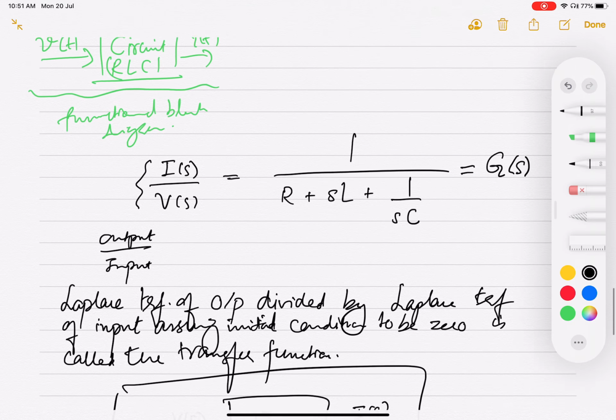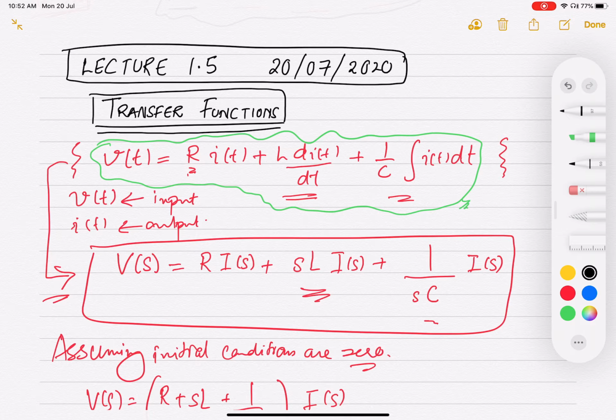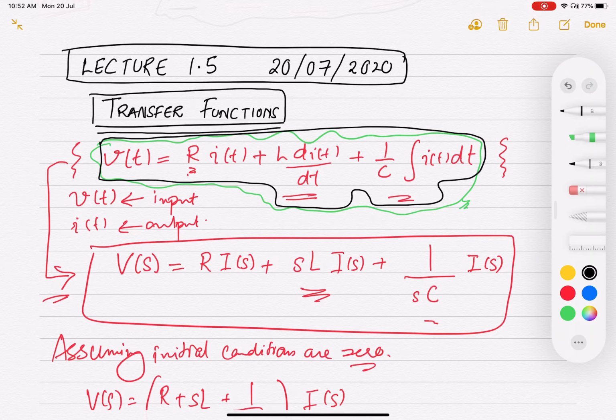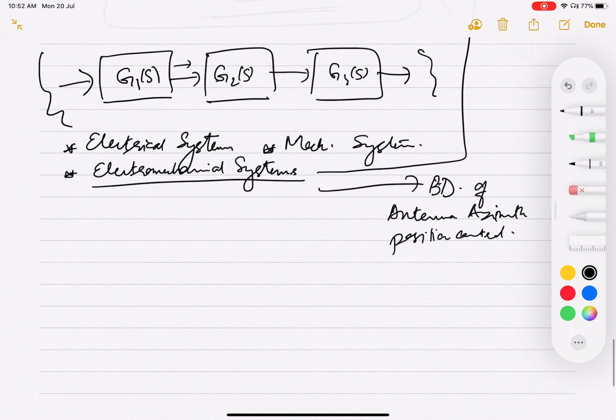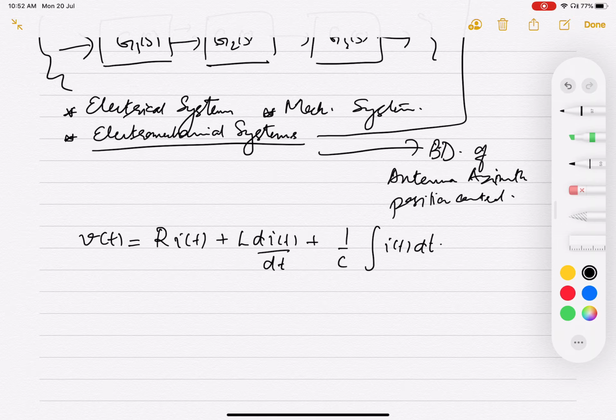Now, coming back to this differential equation, what is special about it? Does every system have a differential equation like this, or is it peculiar in some way? Let me write this down again here. v(t) is equal to R i(t) plus L di(t)/dt plus 1 by C integral of i(t) dt. Now this is actually an integro-differential equation.